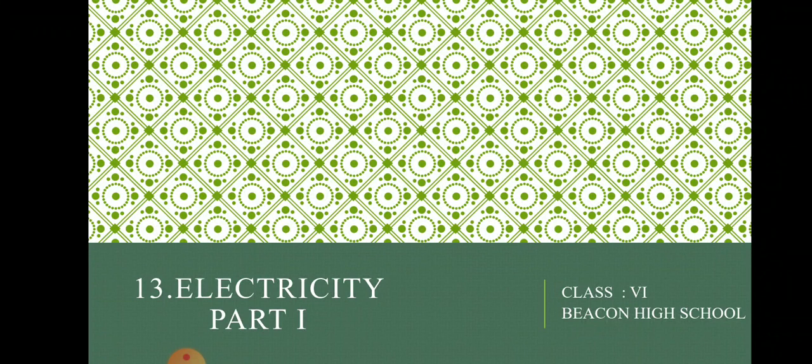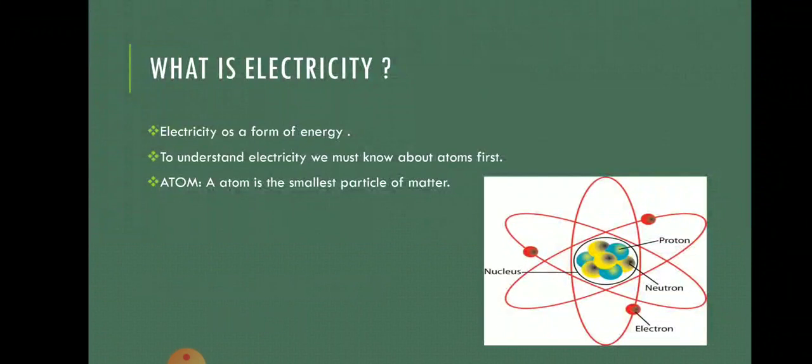So in this particular chapter we are going to see how electricity is generated, what is electricity first. Okay, so electricity is a form of energy, and to understand about electricity we must first know about an atom. Now you all are very well known to what is an atom, because in our earlier chapter, first chapter, we have seen that an atom is the smallest particle of matter, or we can say it's the smallest particle of any non-living thing.